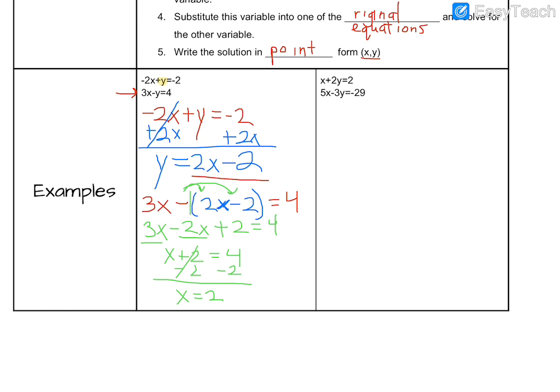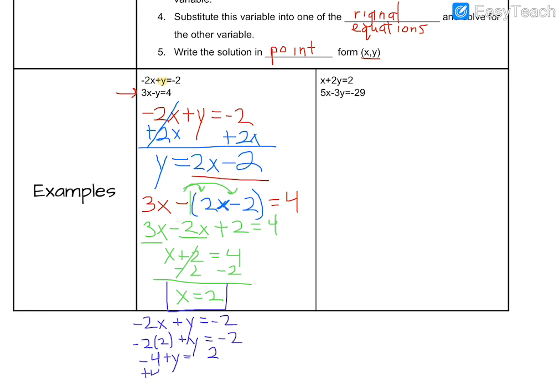Alright, so one more thing we need to do. We need to take this x equals 2 and plug it into one of the original equations. You can choose whichever one you want. So I'm going to go with that top one just because we have that positive y there. So I'm going to replace x with 2. Negative 2 times 2 is a -4.